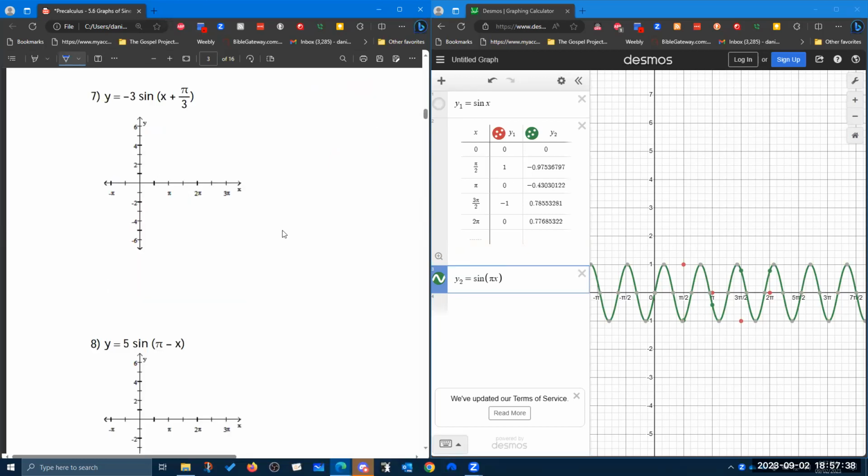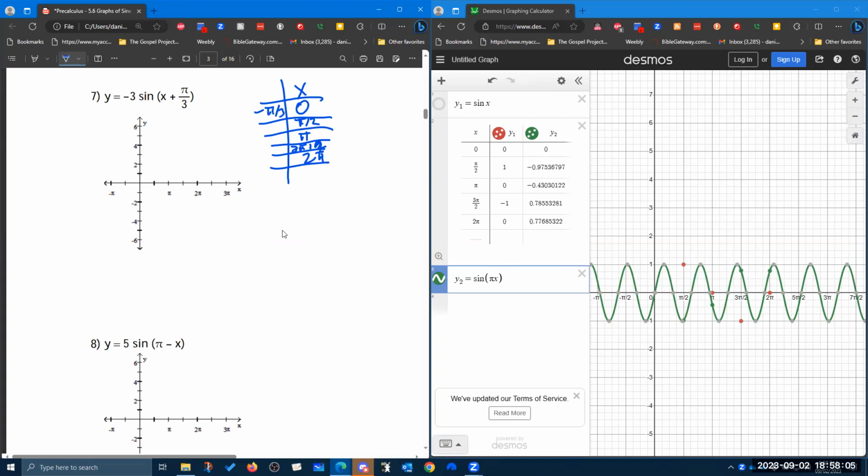Let's use those characteristic points again to help us here. Our original x's were at 0, pi over 2, pi, 3 pi over 2, and 2 pi. We're going to shift everything pi over 3 to the left.